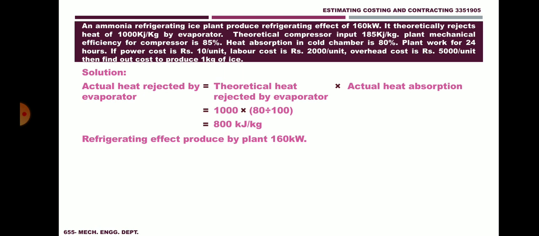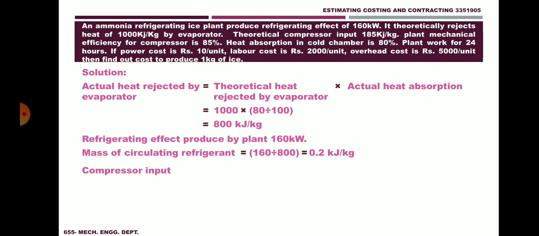So the mass circulation of refrigerant equals the refrigerating effect divided by the heat rejected for producing that refrigerating effect. So it is equal to 160 divided by 800, which is 0.2 kg per second.